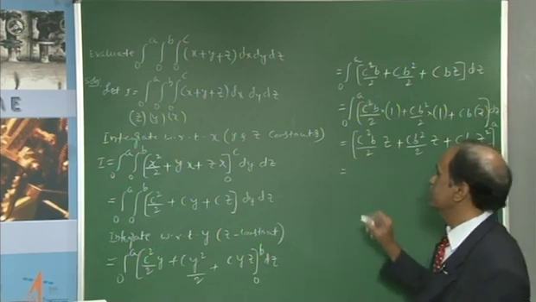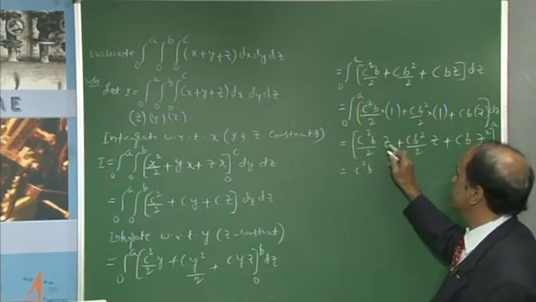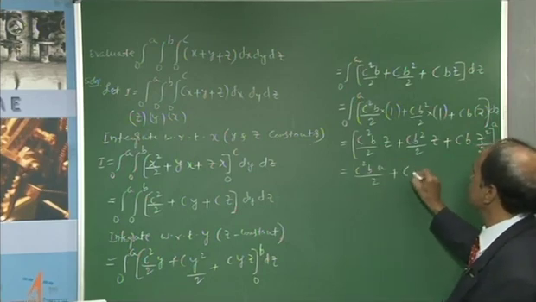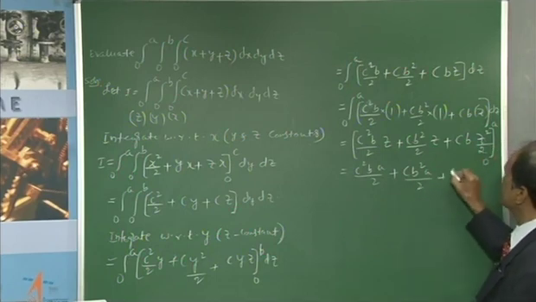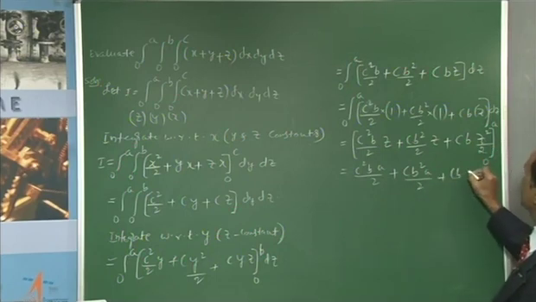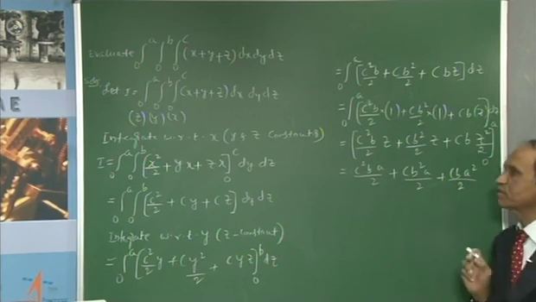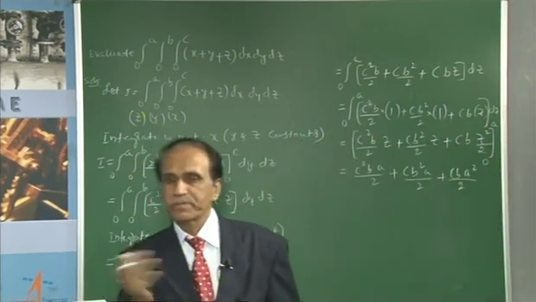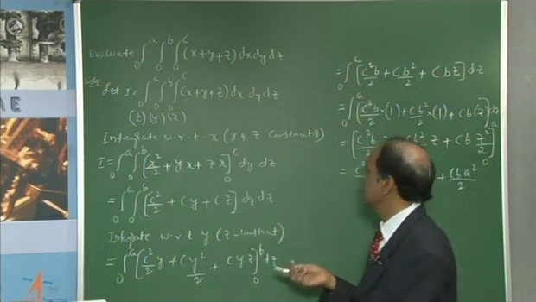You will introduce these limits: c square b into a by 2, plus c into b square a by 2, plus c into b a square divided by 2. This is the end of the upper limit, and for the lower limit we replace all three variables by 0. That means no term will exist when you replace z by 0.